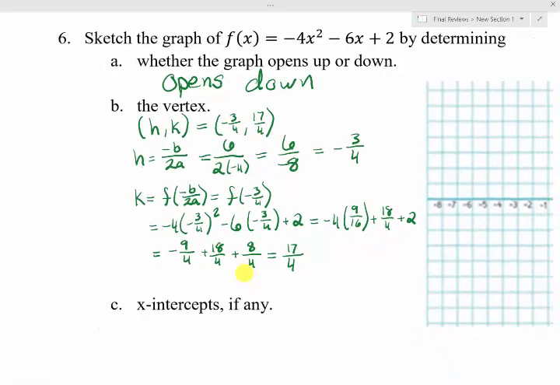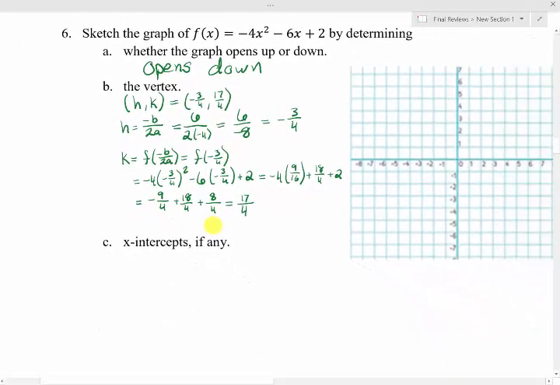Then it wants us to find any x-intercepts, if they exist. There are many ways we could do this. We could try the good old factoring after we set this equal to 0. We could complete the square, or we could use our quadratic formula. The first thing I'm going to do is set my function equal to 0.